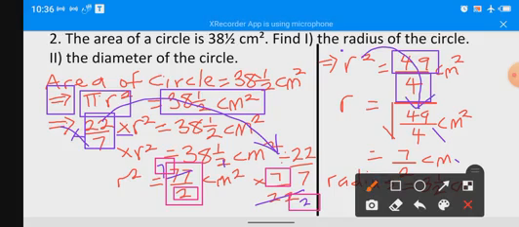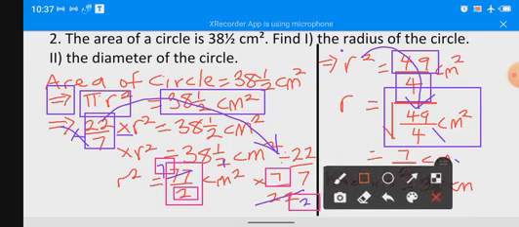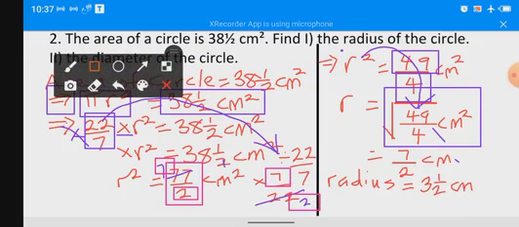The opposite of square is square root. So r is equal to square root of 49 over 4 centimeters squared. Square root of 49 is 7, square root of 4 is 2, and square root of centimeters squared is centimeters.